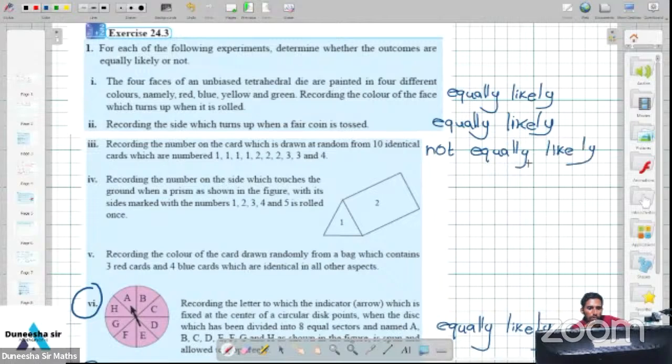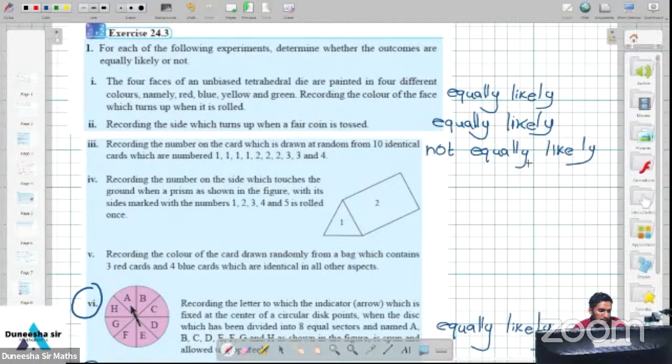Fourth one, recording the number on the side which touches the ground when a prism as shown in the figure, with its sides marked 1, 2, 3, 4, 5, 6, is rolled. Okay. What are the shapes of the faces of the prism?